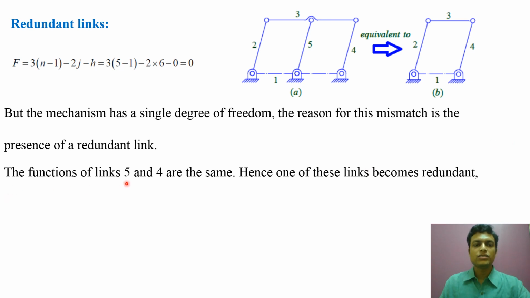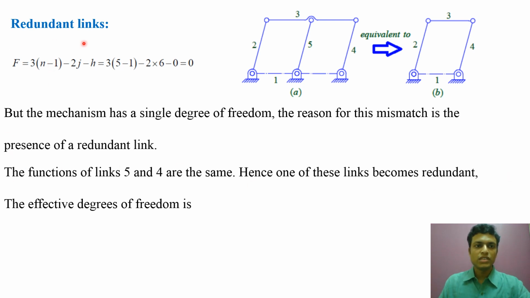Hence, one of these links becomes redundant, and the mechanism is equivalent to this mechanism, having 4 links and 4 revolute pairs. Why is this extra link given? This extra link is given to avoid an uncertainty consideration that I will explain to you in the class on mobility.